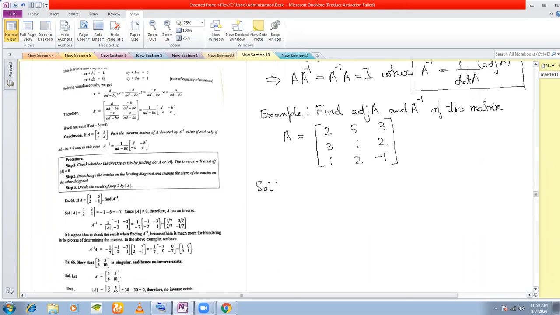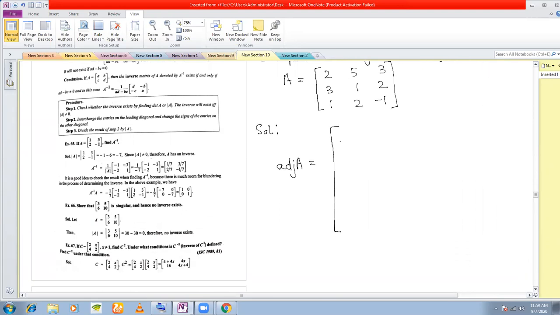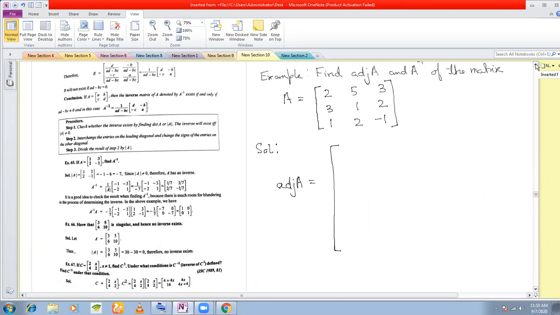Let's see. First of all, we'll find the adjoint. So how do you find the adjoint? Adjoint of A is equal to, make a big box bracket for your matrix. And remember, these are your signs: plus, minus, plus, minus, plus, minus, plus, minus, plus.